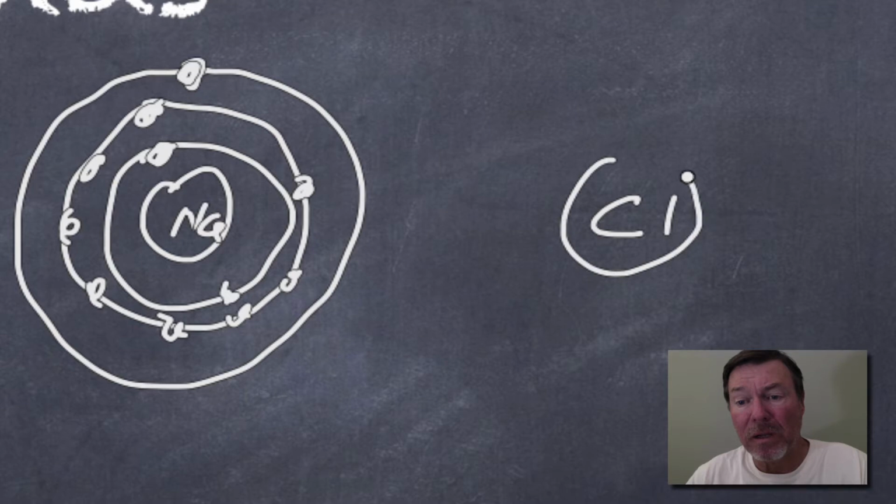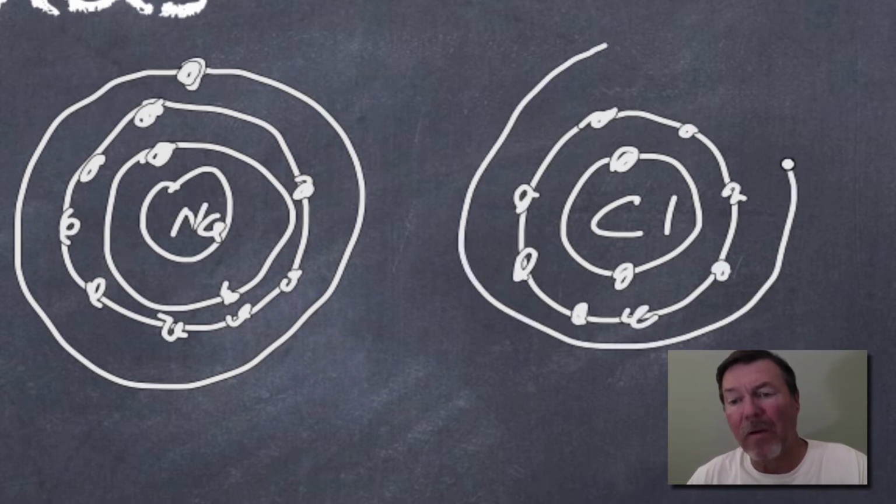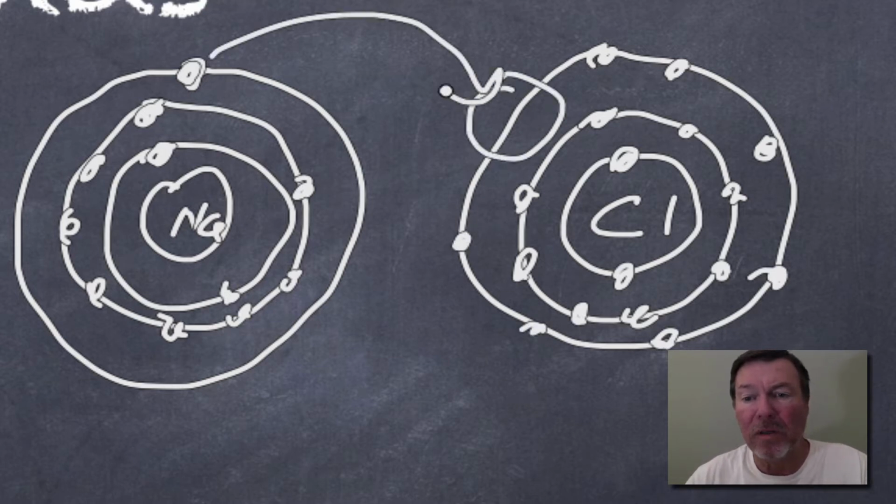Chlorine is the same thing, except it has a few more electrons. 2 in the innermost shell, 8 in the next shell, and then on the outermost shell, it actually has only 7. And it wants 1 more here. Well, if we take this one and put it there, this becomes a positively charged atom.